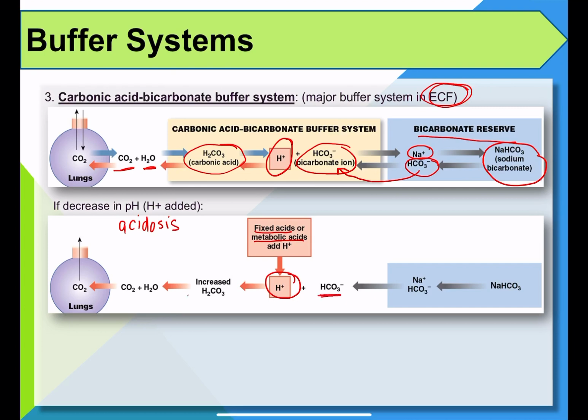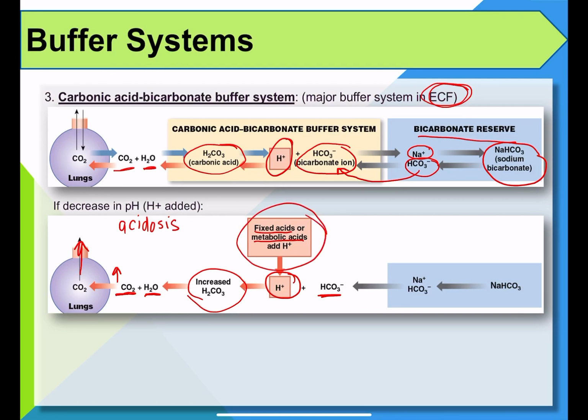You have an increased amount of carbonic acid, which then can be turned into carbon dioxide and water. Now you have an increased amount of CO2. Well, how do we get rid of that? We can just get rid of that by breathing out. So your lungs will increase respiratory rate to help get rid of all that CO2 accumulating, due to this buffering system, okay?